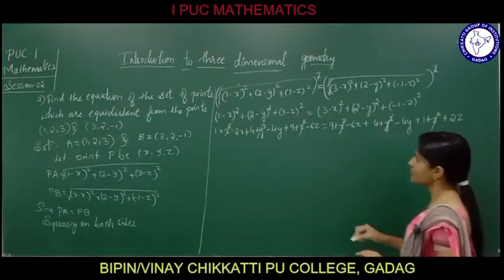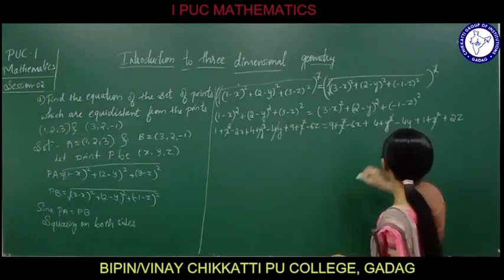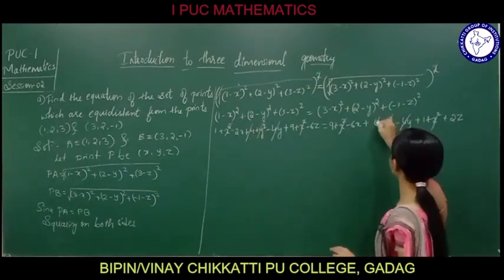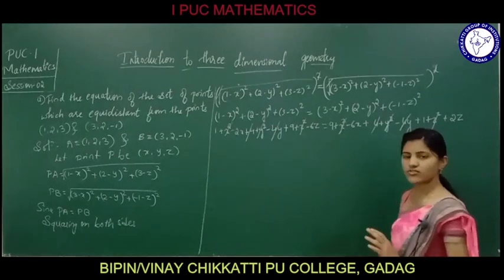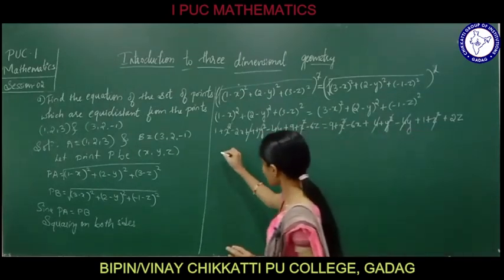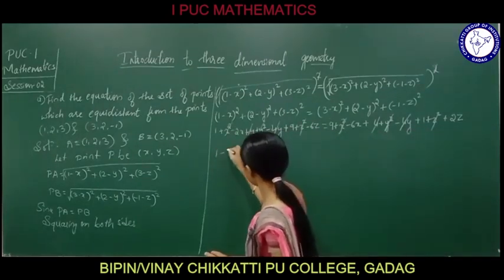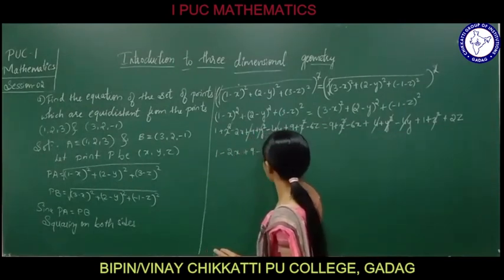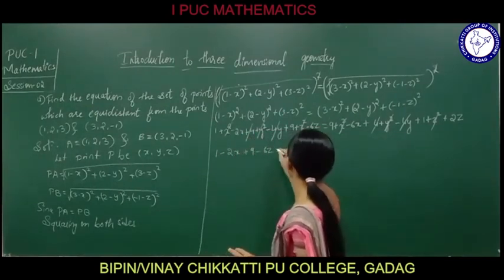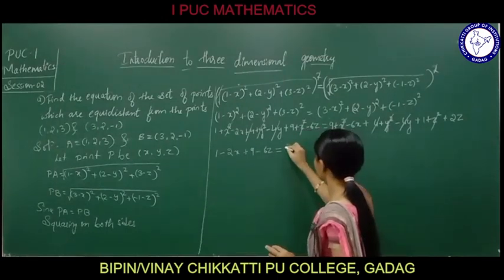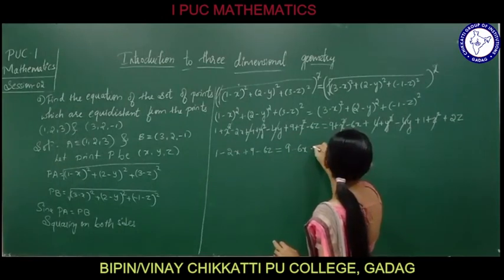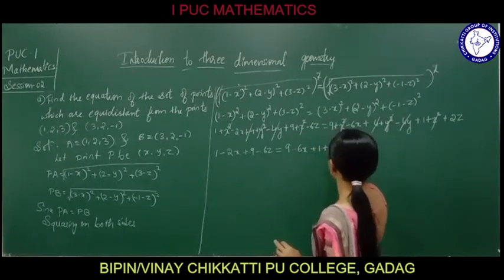We also have minus 4y and minus 4y, and plus 4 and plus 4. Let us write down the remaining terms. We are left with 1 minus 2x plus 9 minus 6z, which will be equal to 9 minus 6x plus 1 plus 2z.